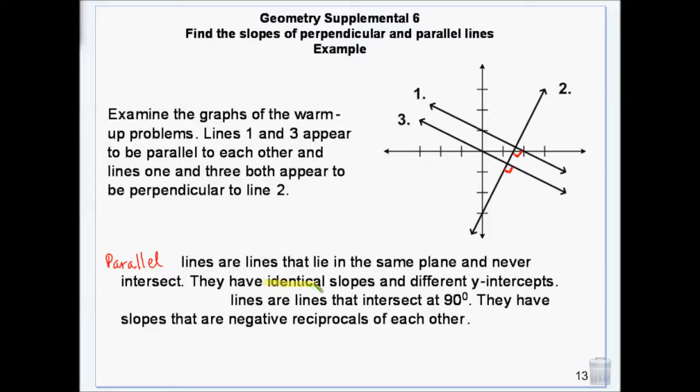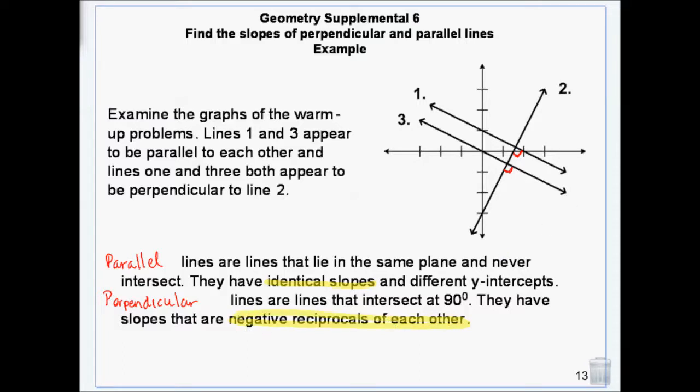They have identical slopes. Okay. Perpendicular lines are lines that intersect at 90 degrees, and the slopes are negative reciprocals of each other.